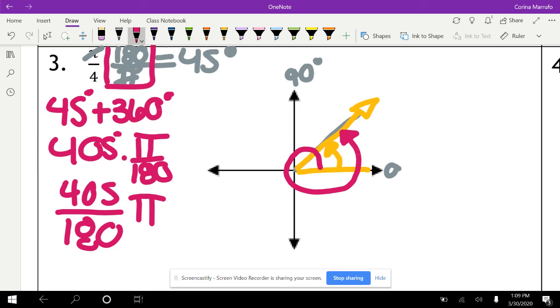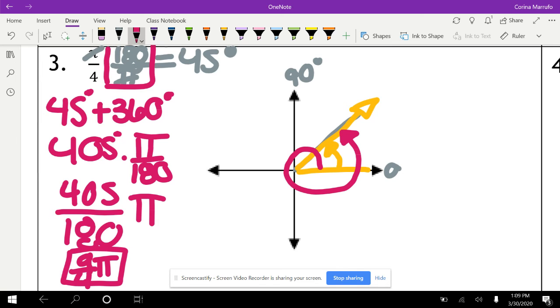When you put that in your calculators, you can change this into a fraction. That gives us 9 over 4 pi. So that would be our first positive coterminal angle.